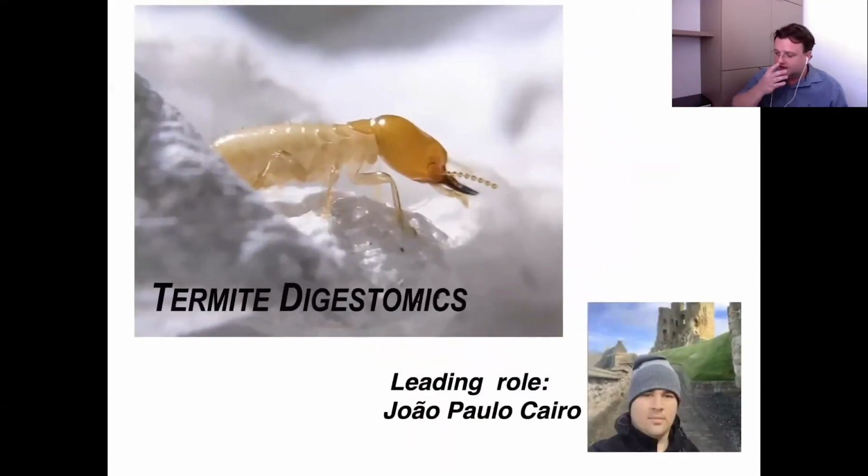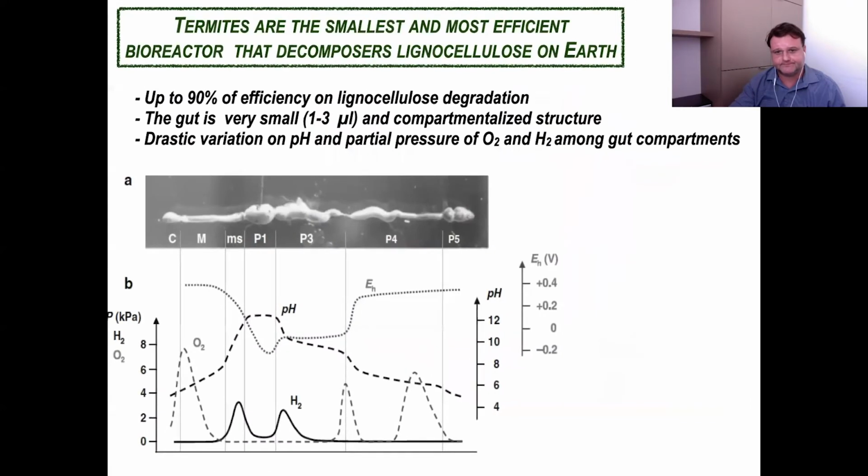This study was mainly done by João Paulo Cairo, who is a postdoc of my group. The termites are the smallest and the most efficient bioreactor that decomposes lignocellulose on Earth. It's a very small compartment and very efficient.